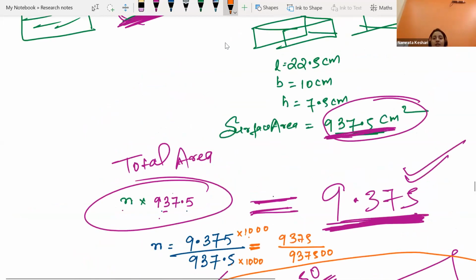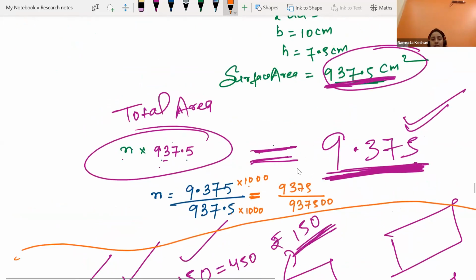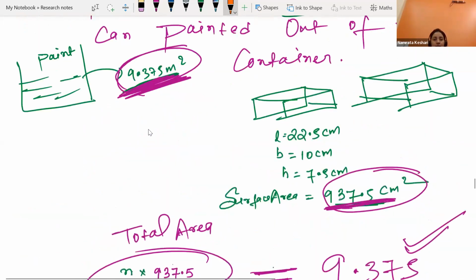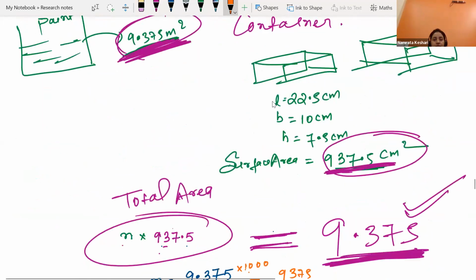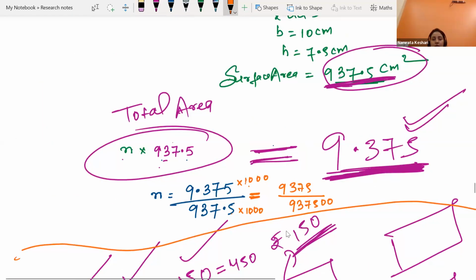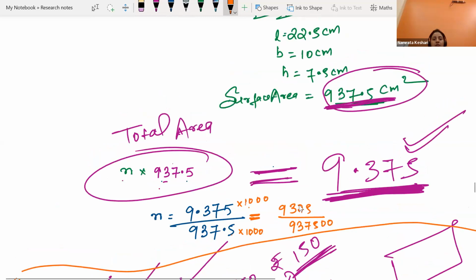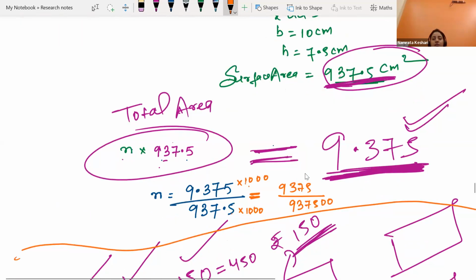I think I have taken the data here and there. I need to take it properly. Otherwise, it must be a whole number, right? This 937500 will be in the numerator, and 9375 will be in the denominator. Then we'll be getting 100.